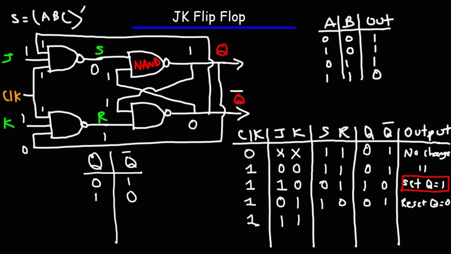Now that Q and Q bar have changed values, the J NAND gate is going to be deactivated and the K NAND gate is going to be activated. So the inputs at those two NAND gates will change. So Q is 1. So this 0 is going to become a 1 now.